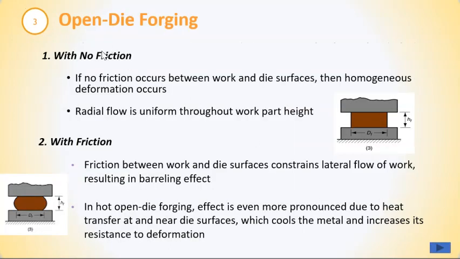Open die forging can be with no friction, and then the other case is with friction, in which we can see that when there is friction, it results in the barreling effect. So this one is for no friction, and this one is with friction.